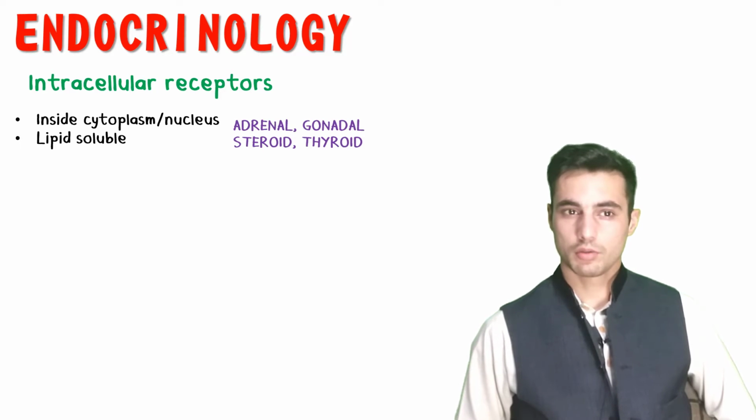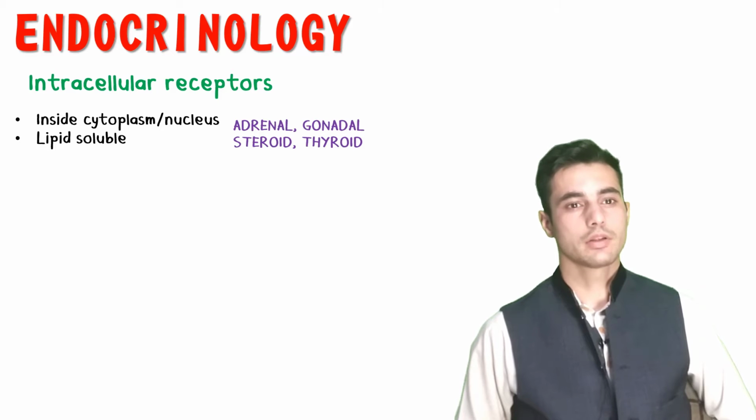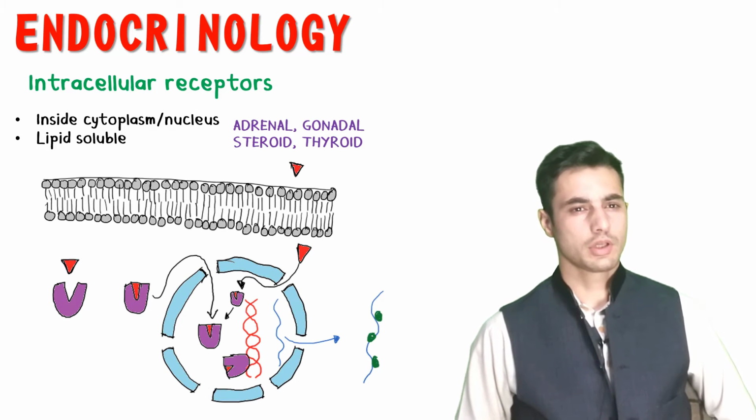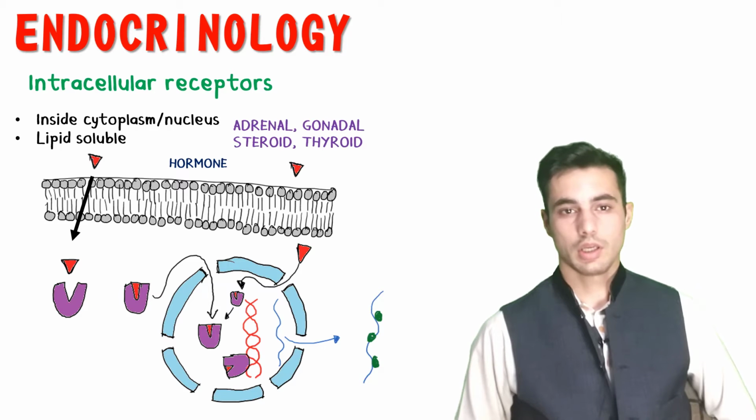The important hormones include those secreted by the adrenal, the gonads, the steroids, and the thyroid. Have a look at this diagram. The lipophilic hormone is ready to enter into the cytoplasm and also the nucleus. When the lipophilic hormone enters the cytoplasm, in the case of the steroid hormone, the receptor is waiting to be combined.